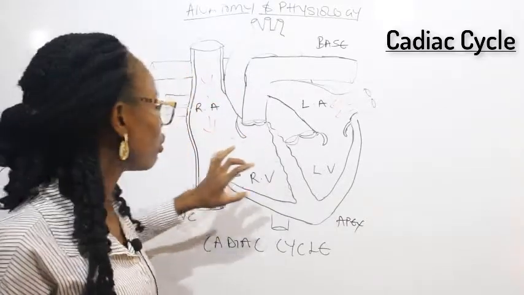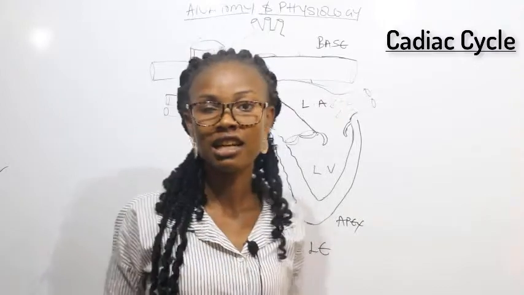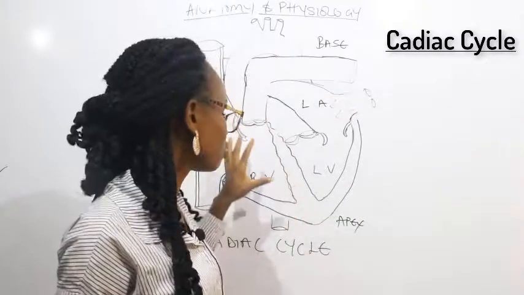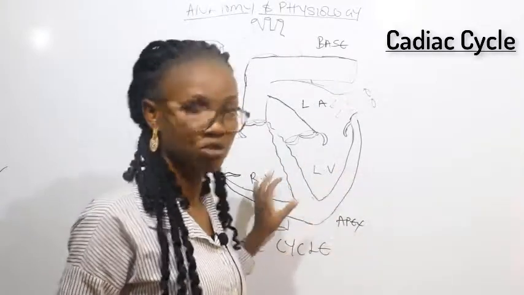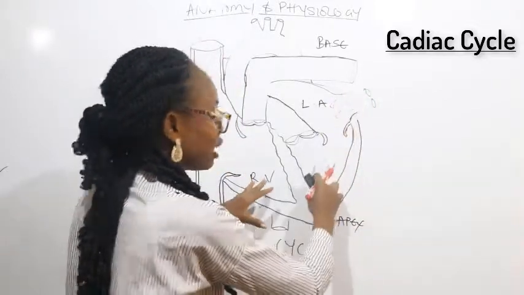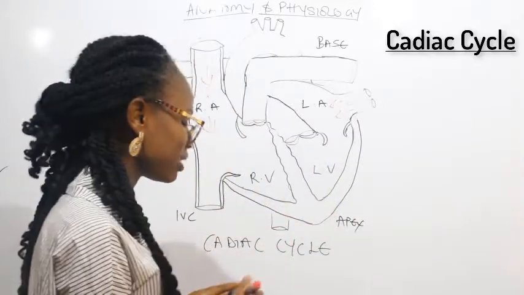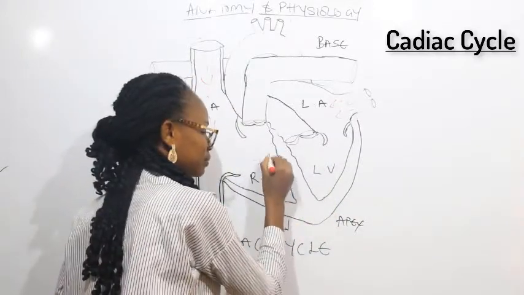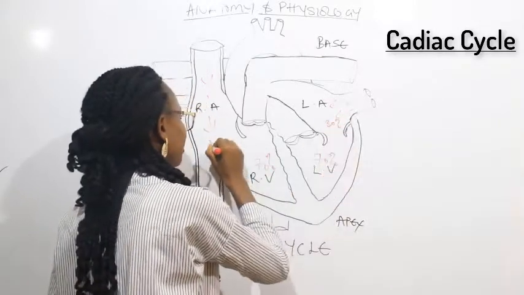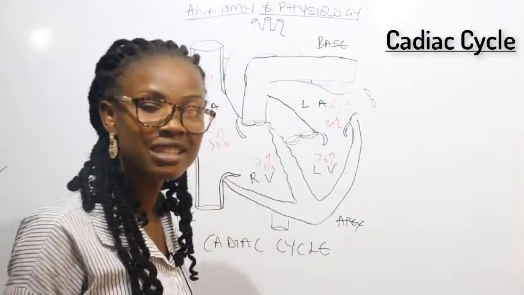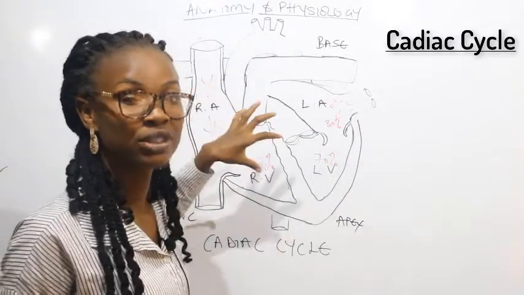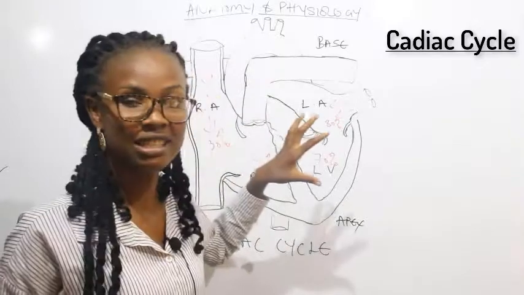Because there is need for this blood to eject, the valves open and blood comes in here. But a fact is that even before atrial contraction, about 70% of the blood goes into the ventricle. So there is still 30% here. What happens to the 30%? There is atrial contraction, as a result of the SA node sending impulses.